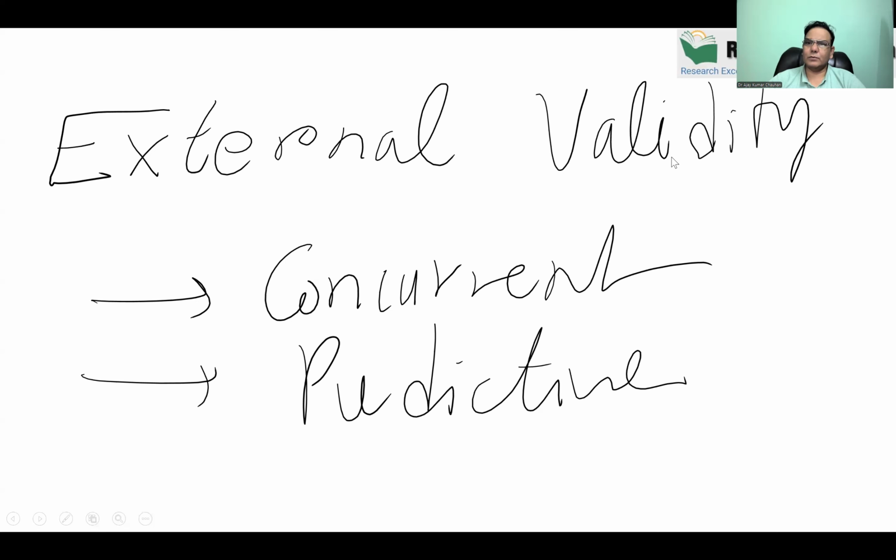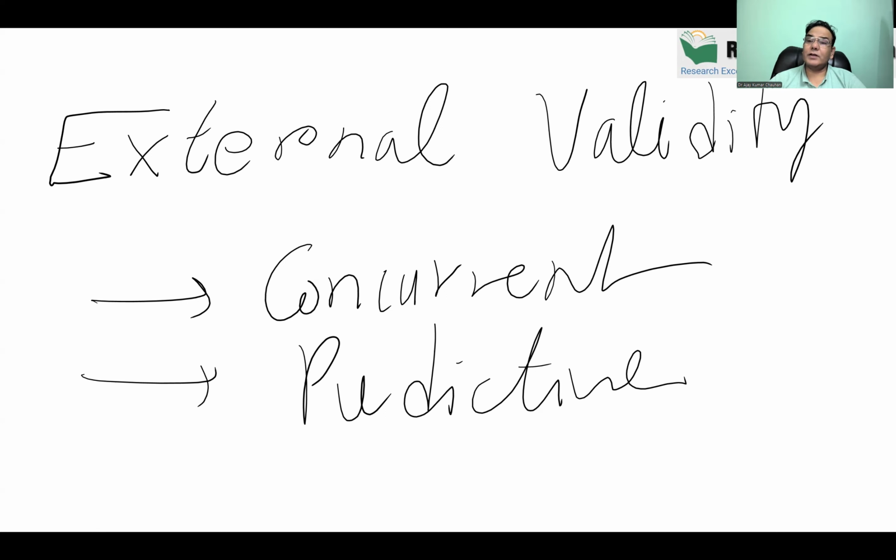दोनों क्या होती हैं मैं आपको समझाता हूँ. Concurrent means suppose somebody is doing an experiment in India and somebody is doing the same experiment in Europe or US, different parts of the world.